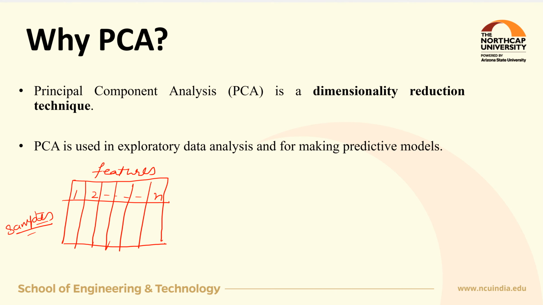And data reduction or dimensionality reduction in the terminology of PCA is that we need to extract new features from the given set of n number of features, and these new features will be, let's say, m in number, and this m will always be lesser than n, right?